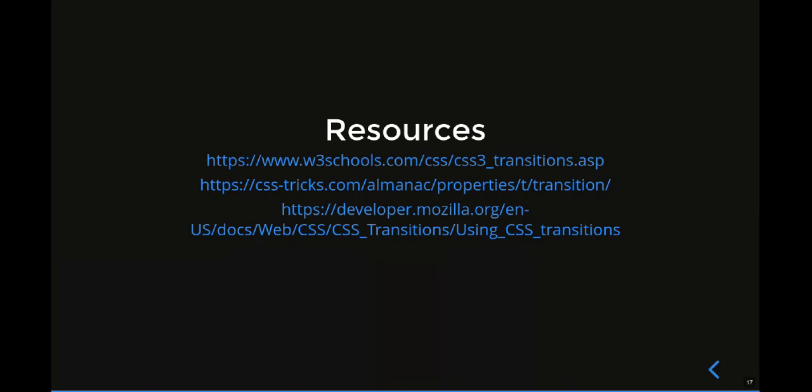W3 Schools is always a good place to start because there are examples, code examples, and then also playable, runnable examples. CSS Tricks also has some really good manipulable examples, and then the Mozilla site, all of which you're familiar with by now, is another good option.